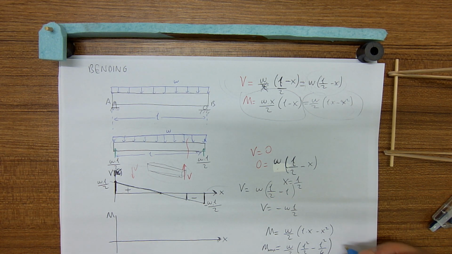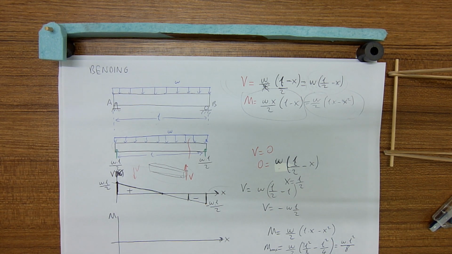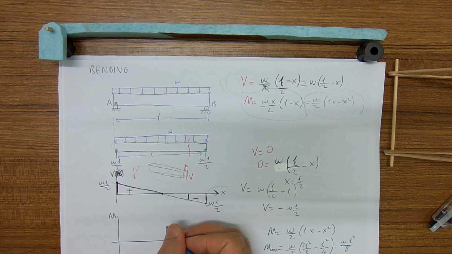And what does it equal to? 2 over 4 minus 1 over 4, okay, it is equal to plus WL squared over 8. This is the maximum value for the moment, and it is positive.